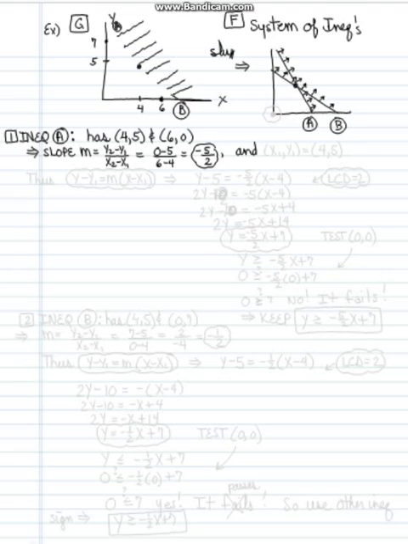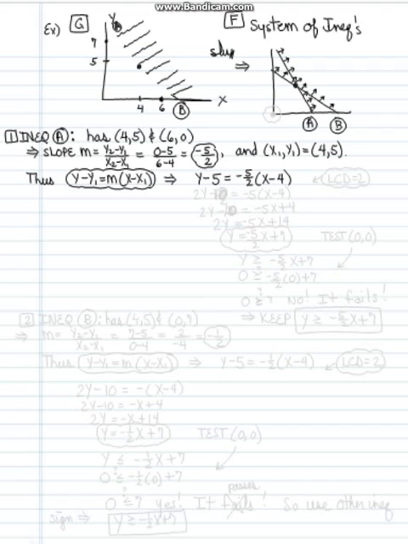And it has the ordered pair x sub 1, y sub 1 equals 4, 5. Thus, write the equation y minus y sub 1 equals m times x minus x sub 1, and plug in the value we have for slope and the point. We get y minus 5 equals negative 5 halves times x minus 4.